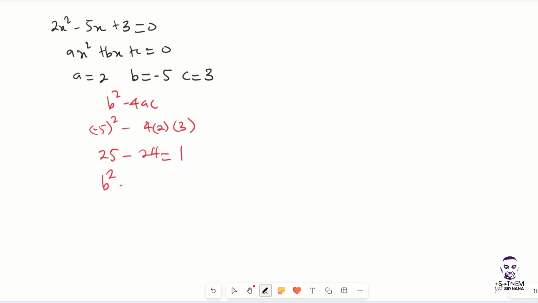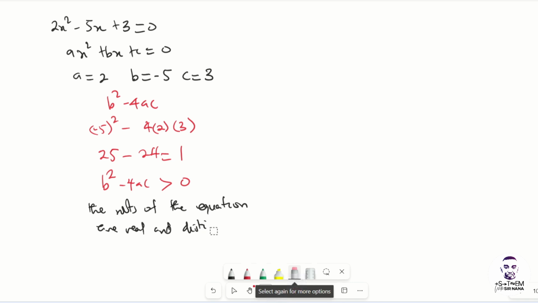So we see that b squared minus 4ac in this case is greater than 0, because it's 1. So therefore we can conclude that the nature of the roots of the equation are real and distinct.